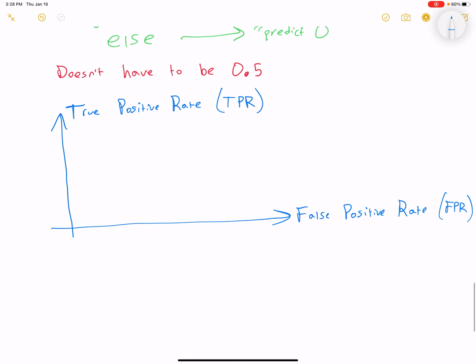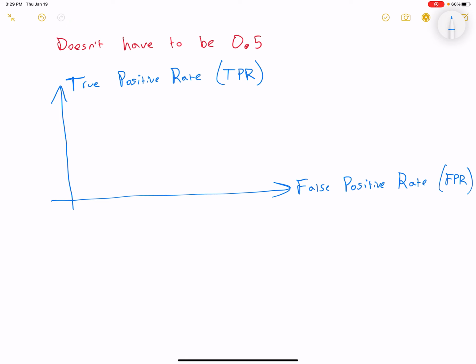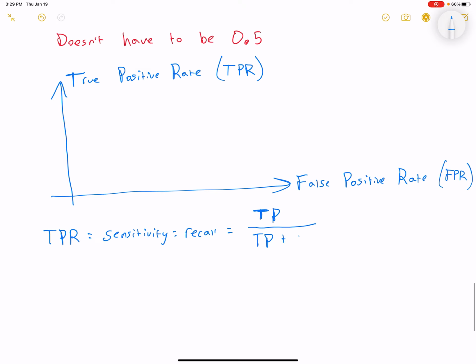So what are these metrics? Well, true positive rate has some other names. It's also called sensitivity, which we learned about, which is also called recall, which we learned about. And as we learned, it has this formula, true positive over true positive plus false negative.